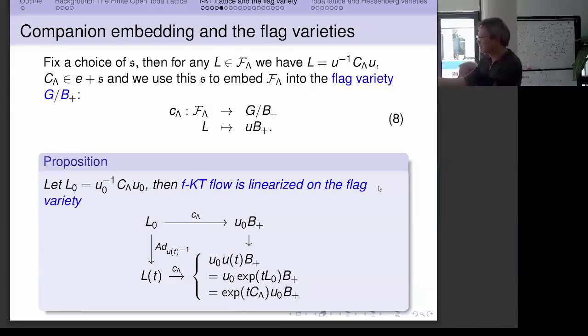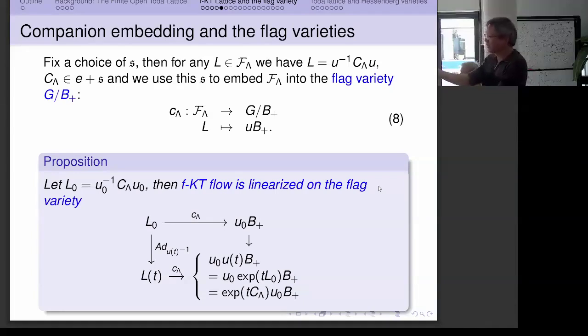So I can just exchange this again, conjugate it again. So I will get the final point is exponential tC lambda U naught. Okay. So my initial point is U naught, my final point is exponential tC lambda U naught, and C lambda is a constant matrix. Because it's a companion matrix and my spectra doesn't change. It's constant. So this is a solution of a linear system.